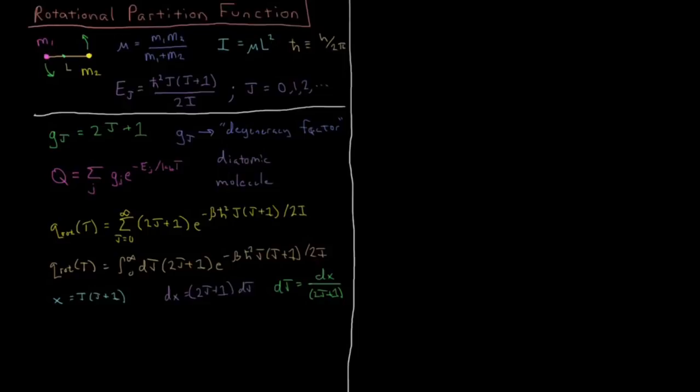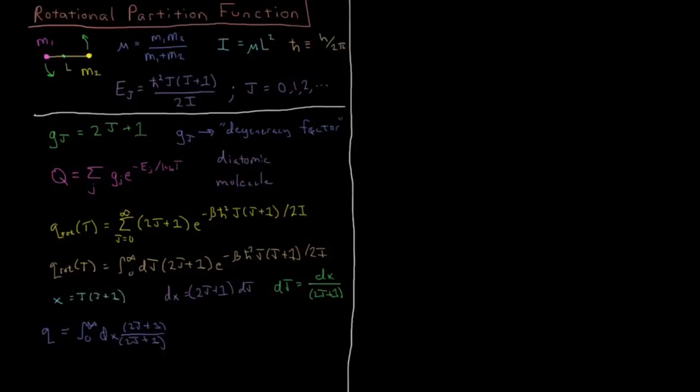So substituting back in, we're going to have that q is going to equal the integral from 0 to infinity. When we substitute the limits for j equals 0, we get x equals 0. When we substitute for j equals infinity, x equals infinity. So the limits stay the same. Integral from 0 to infinity dx times the 2j plus 1, which was there, divided by the 2j plus 1 in the dj substitution.